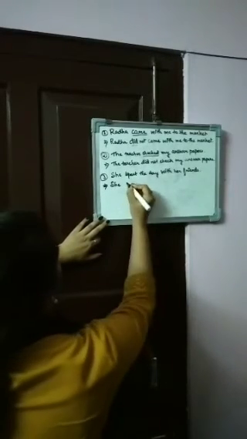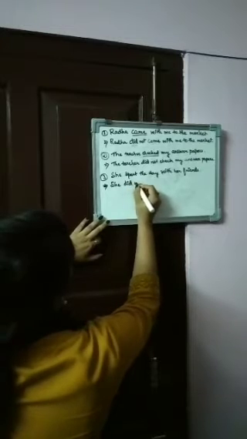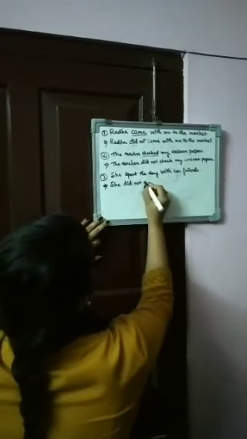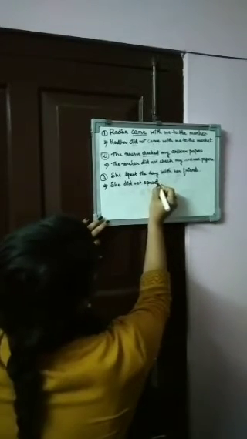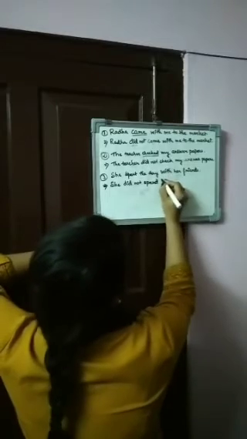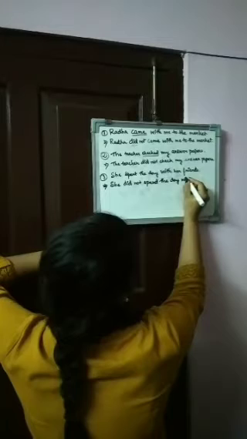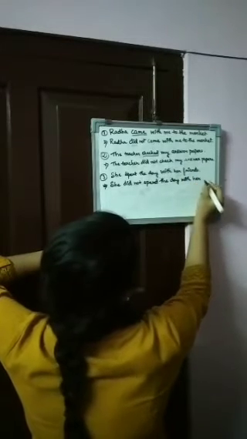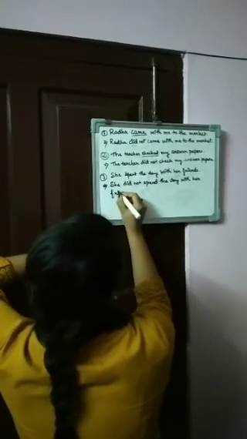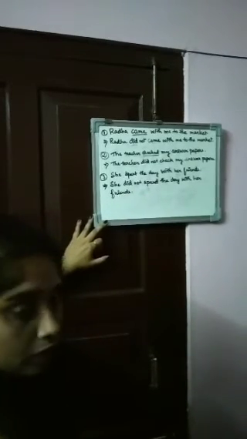It is in past tense. So we'll write did not. Then what? What is the present form of spent? It is spend. The day with her friends. Done? Easy for you?